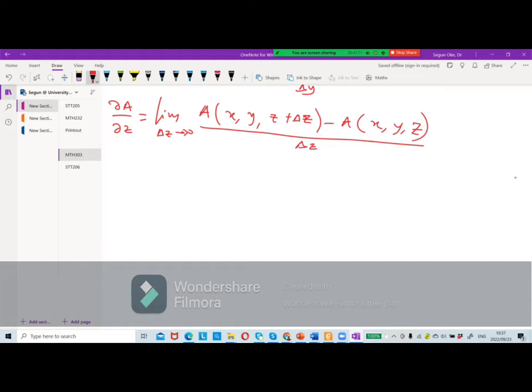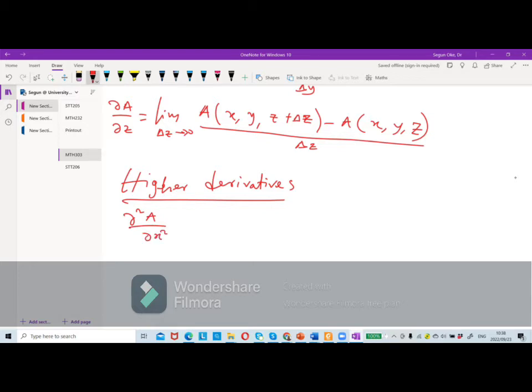In case you are to differentiate higher order, let's look at higher derivatives. Higher derivatives can be, let's say, the second derivative d squared A by dx squared, which is the same thing as d/dx of dA/dx. Same thing goes for y: d squared A by dy squared can also be d/dy of dA/dy.